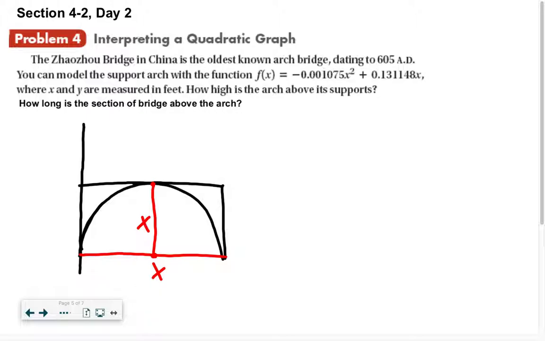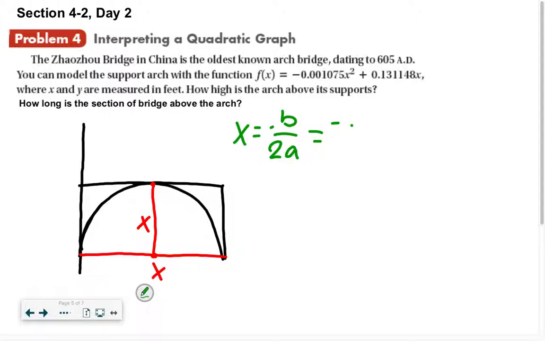What was the first thing we did yesterday? Find x. Negative b over 2, yes, perfect. x equals negative b over 2a. Like I said, our numbers are pretty nasty, but that's okay.